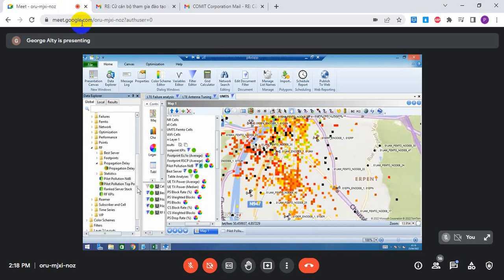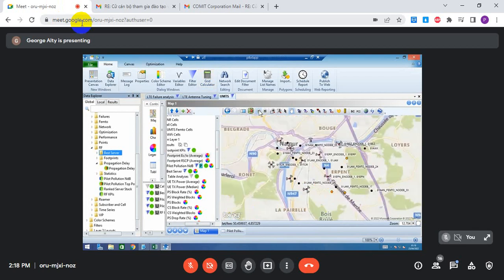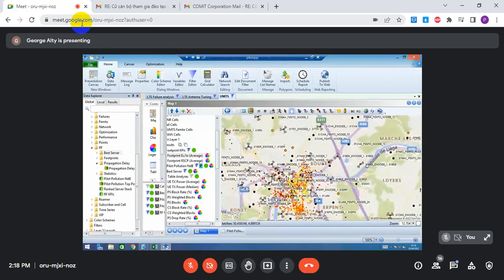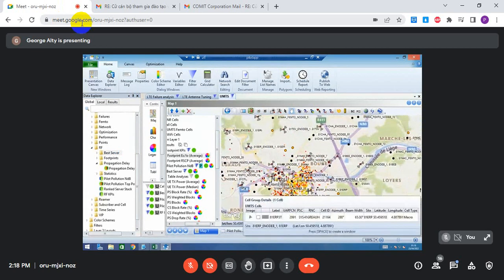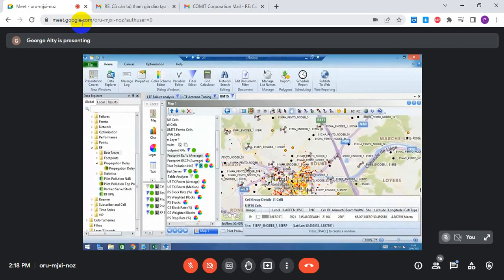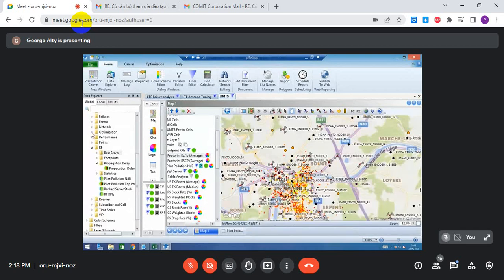So what can we do on this particular cell? Let's zoom out a little bit and have another look at this. So that's our cell coverage. We might want to improve the dominance of that particular cell and reduce its overshoot. So if we go back into optimization, then we can go into the tuning.